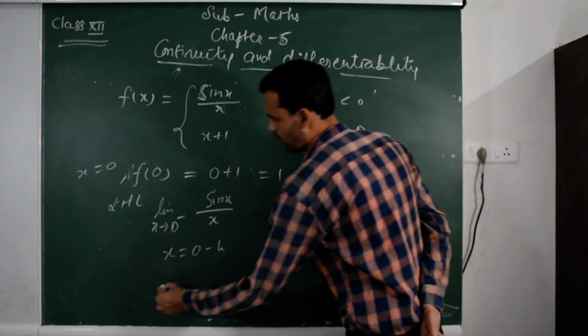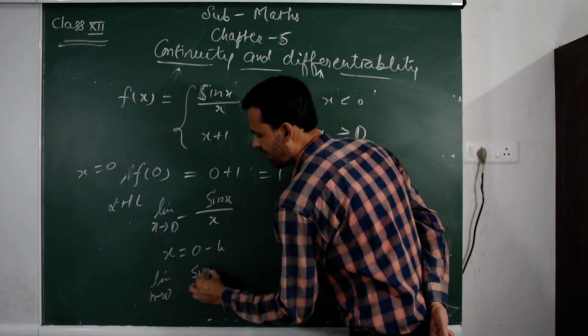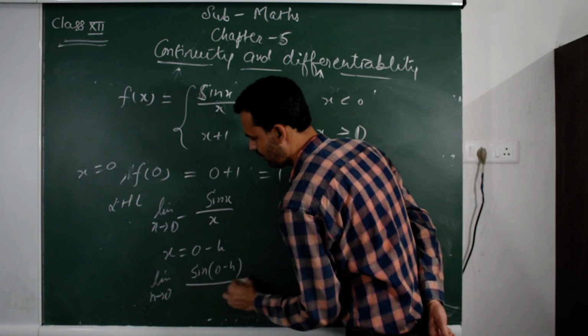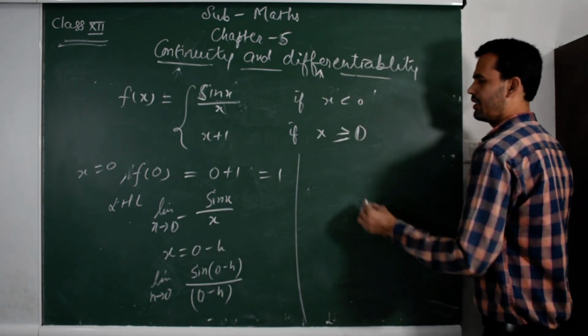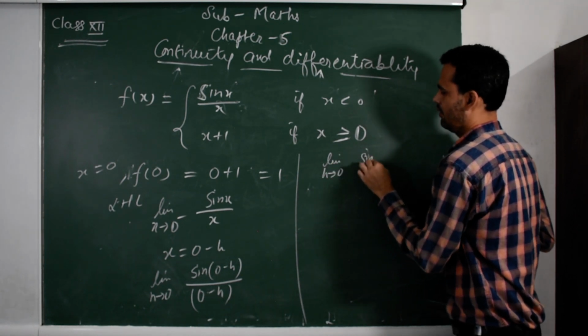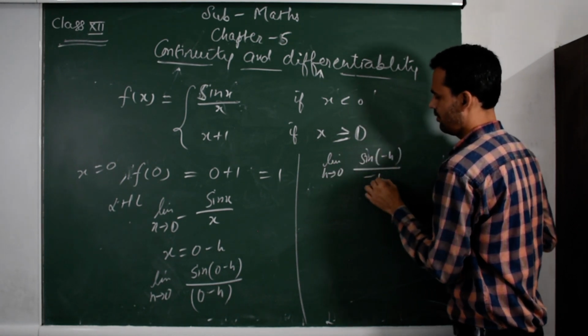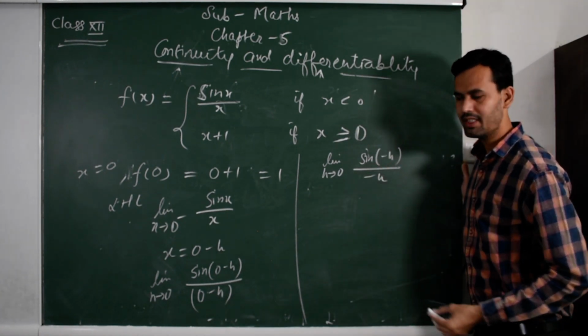Okay. So limit changes into h tends to 0, it's sin(0 minus h) upon (0 minus h). We know that sin(minus theta) equals minus sin theta.